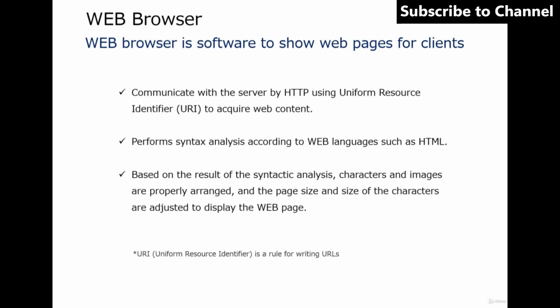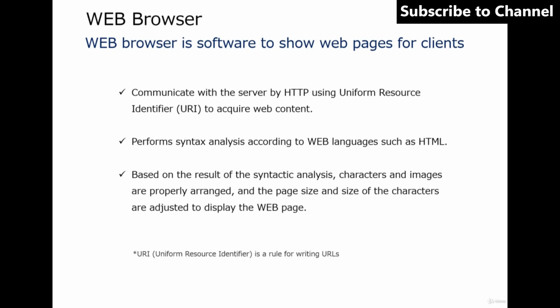You can use Uniform Resource Identifier, or URI, to communicate with the server over HTTP and to retrieve content. URI is a rule that provides how to request an HTML document. You can use URI to communicate over HTTP. The web browser analyzes the HTML using URI and displays it as a website.